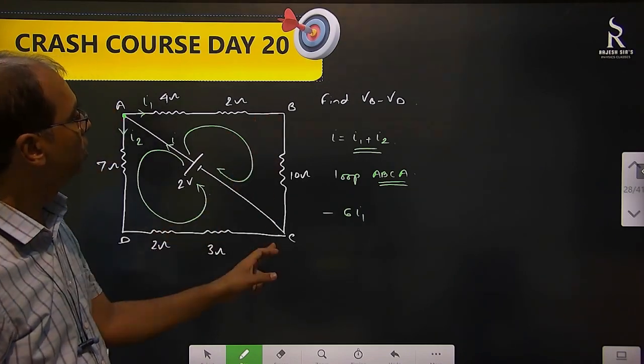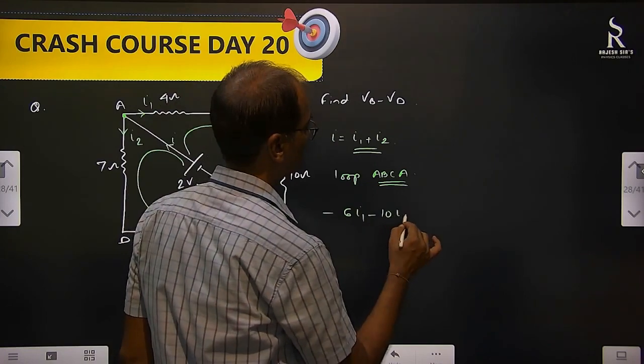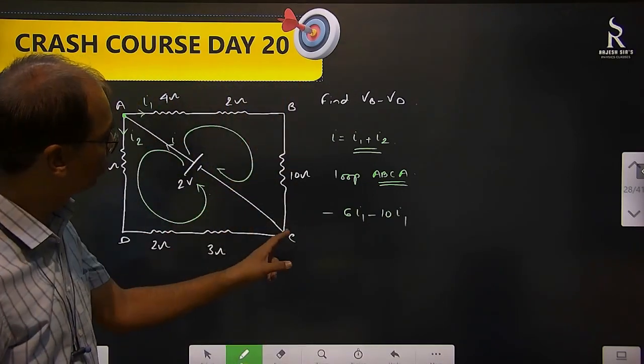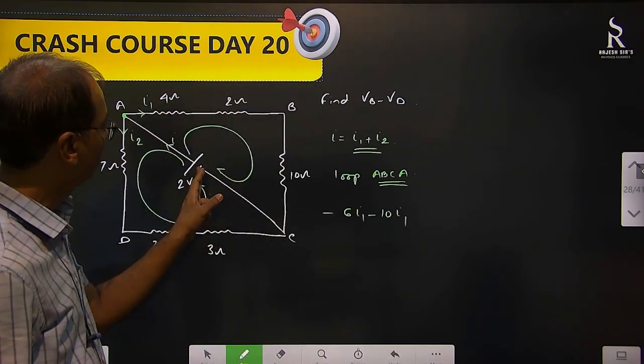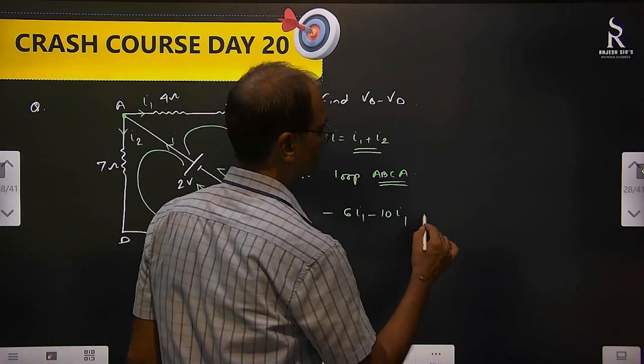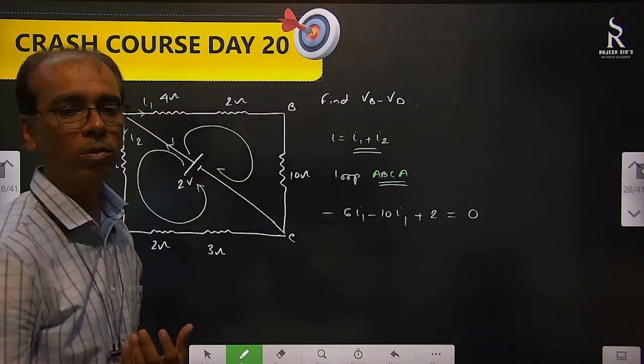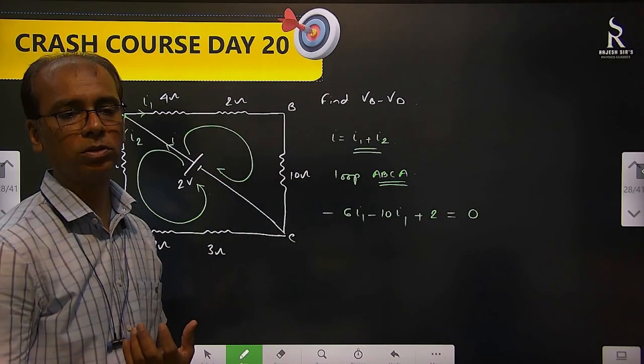Then here also you are going in the same direction of current, minus 10 I1. Then you go this way, moving from lower to higher potential in a battery, so plus 2, equal to 0. Why 0? Because the sum of the potential drops across all elements is 0.